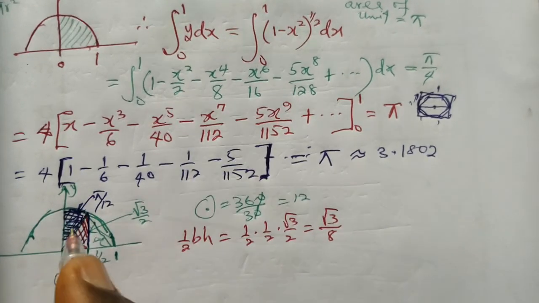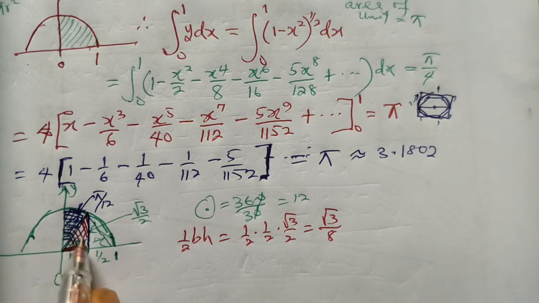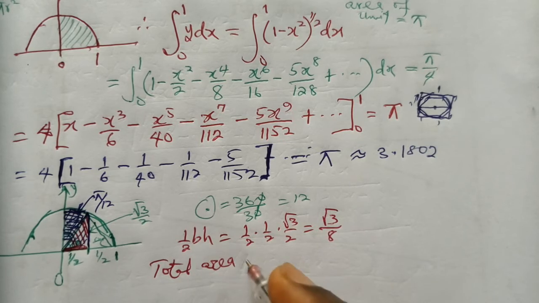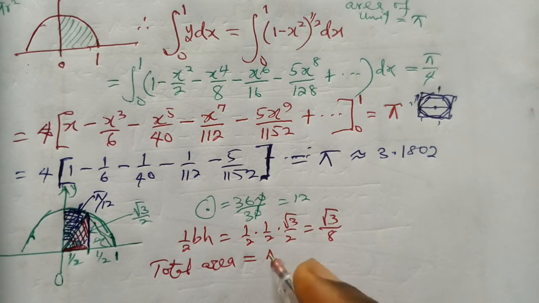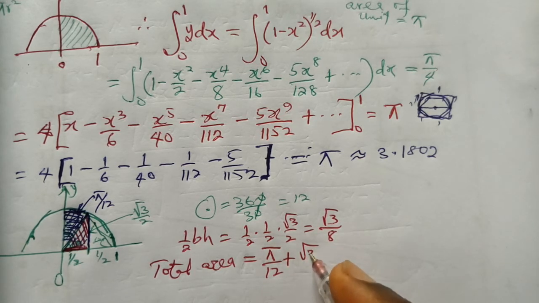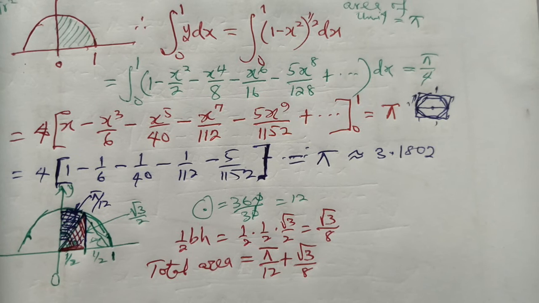So the area of this shaded portion, blue and red, is equal to the total area. Total area there is equal to pi over 12 plus root 3 over 8 plus root 3 over 8.